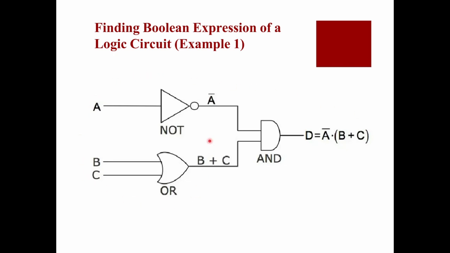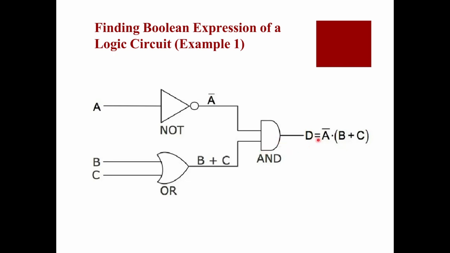Example, this. Now, example, there are three inputs. This symbol, the small triangle with the bubble in front, means not A. This symbol identifies OR, so we can see B plus C. And then it is connected with the AND symbol.